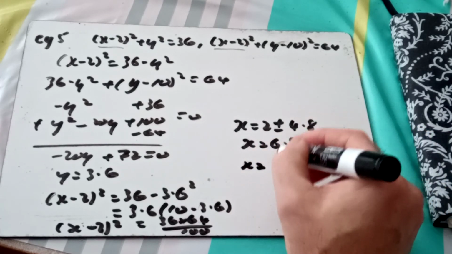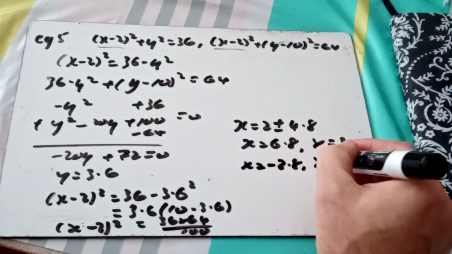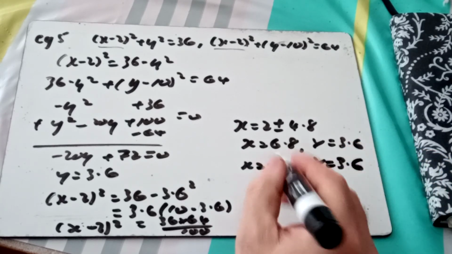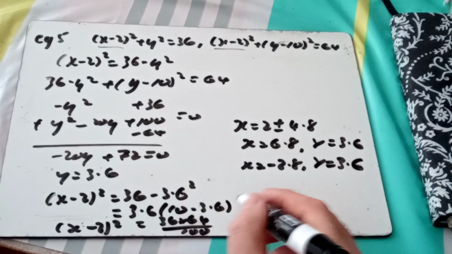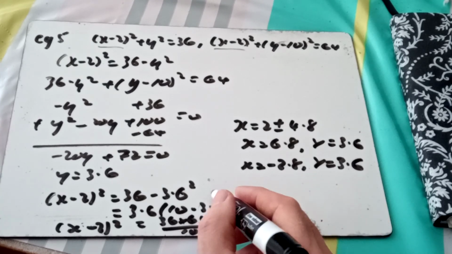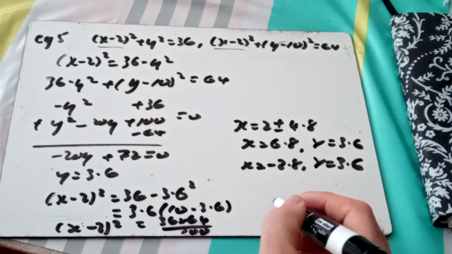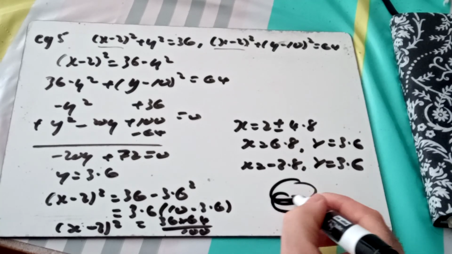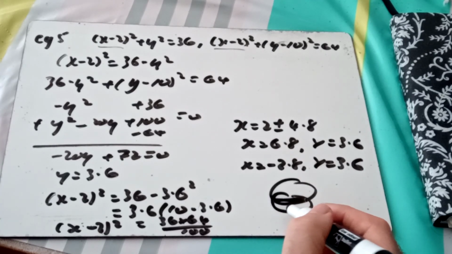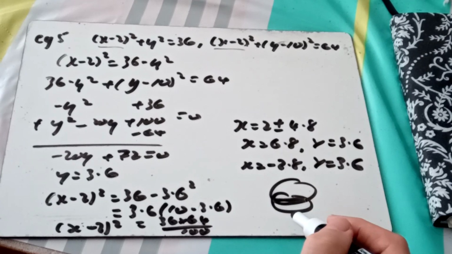X will equal minus 2.8 and y will equal 3.6. So I get two points there with the same y value but different x values. Okay, so they are crossing on the same horizontal line. So I've got a circle and a circle like that and like that. With the 2 points, I've got the same y value of 3.6. So it's going to do that sort of idea there.